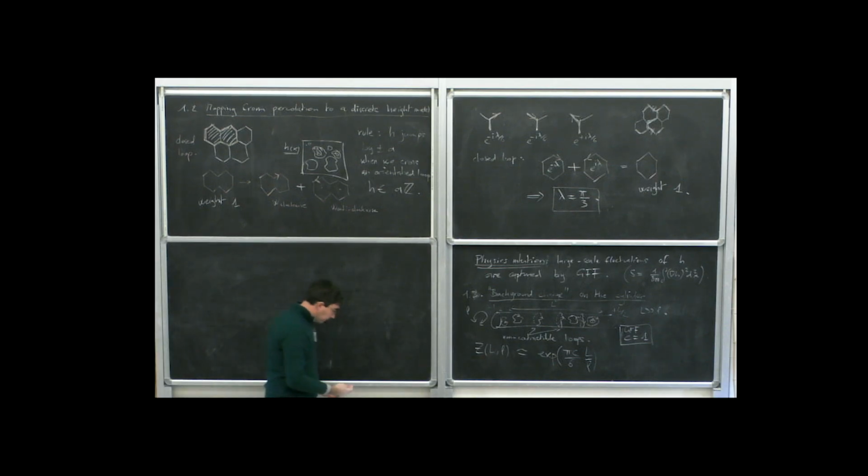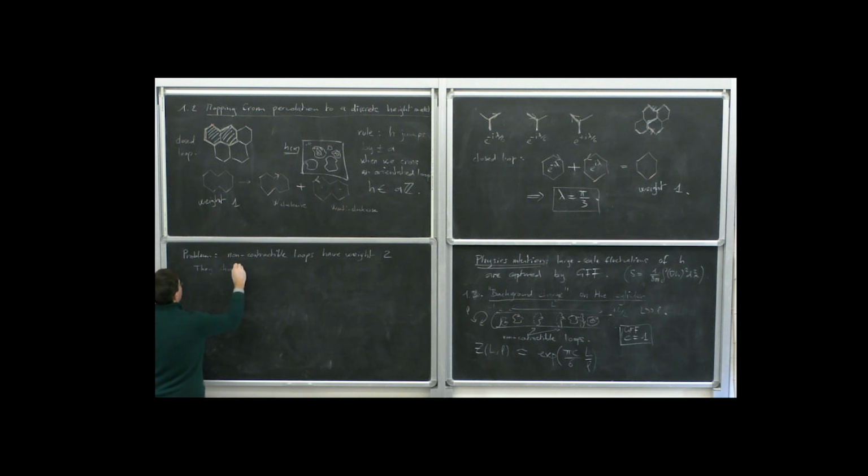Any questions at this point? Okay, so the problem that we are facing now is that these non-contractible loops do not have the correct weight. They have weight 2 in the partition function, and they should have the same weight as all the other loops, because nothing should distinguish them. So they should have weight 1.